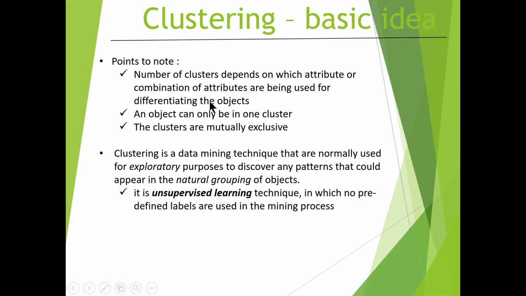An object can only be in one cluster. For example, in the cluster node, one term in the term by document matrix can only be in one cluster, and the clusters are mutually exclusive.